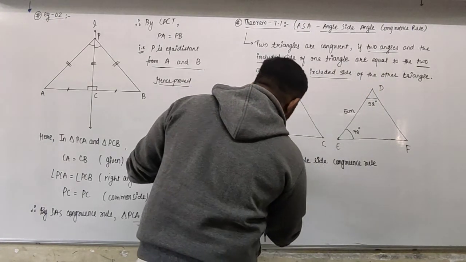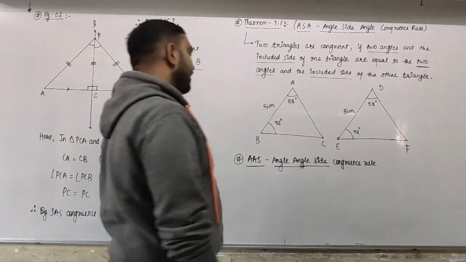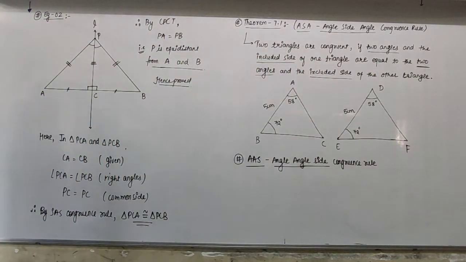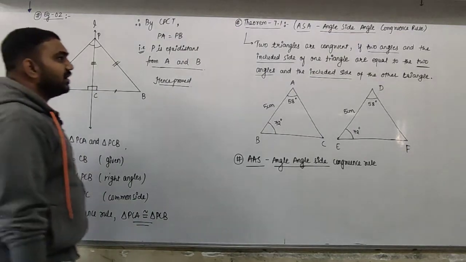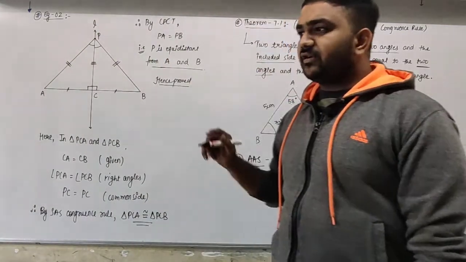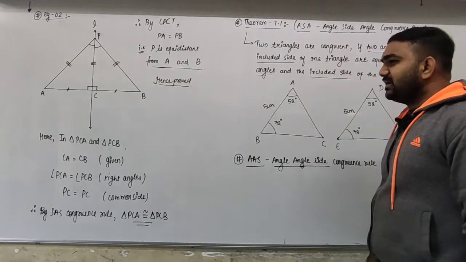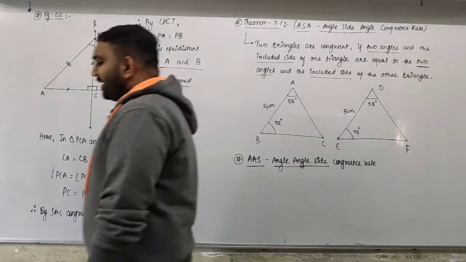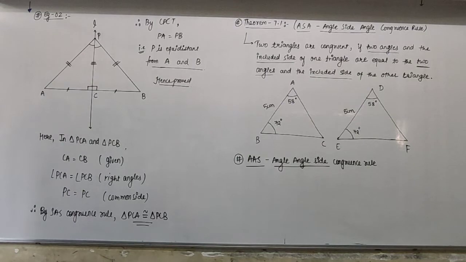Again, that is the third criteria for two triangles to be congruent. Which is the first criteria? SAS congruence rule. Which is the second criteria? ASA congruence rule. And the third criteria is angle angle side, the AAS congruence rule.